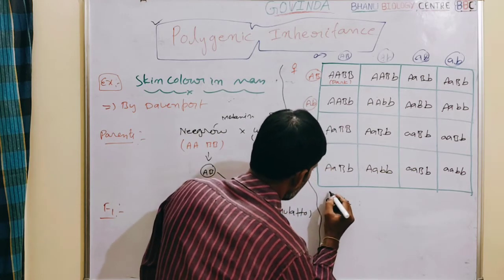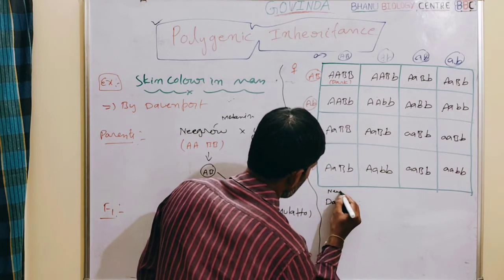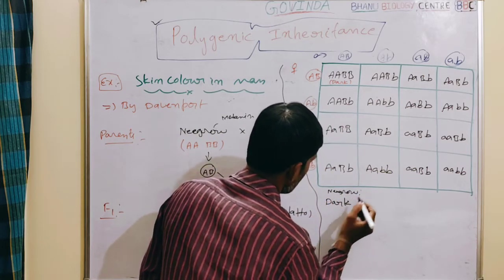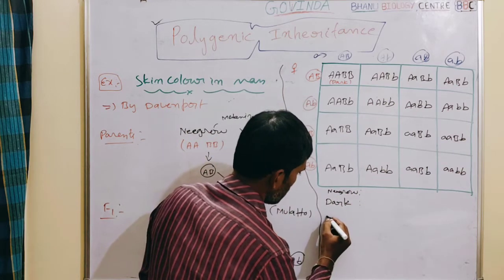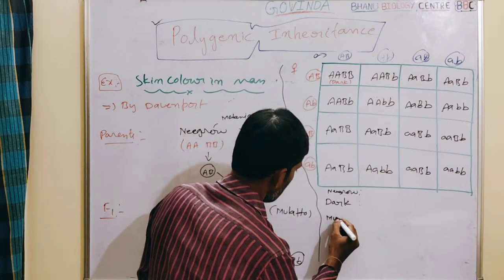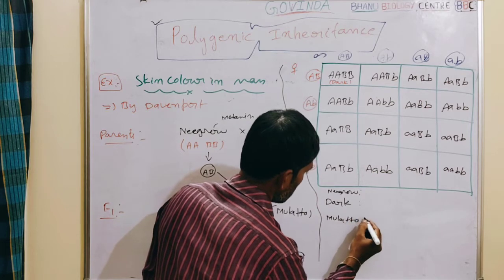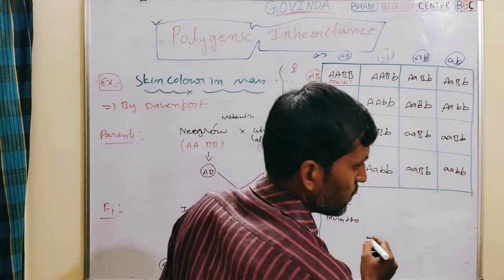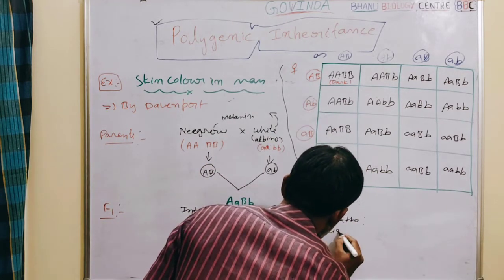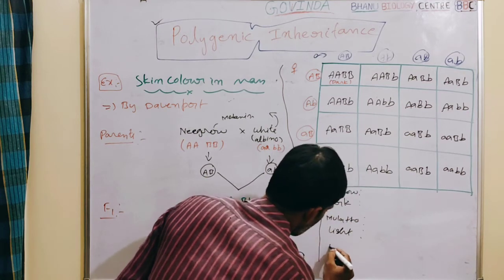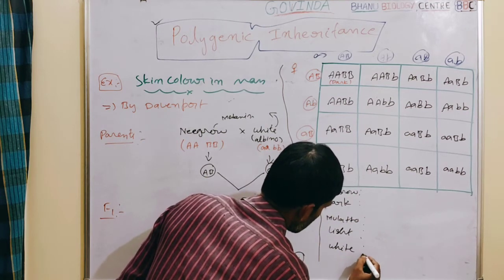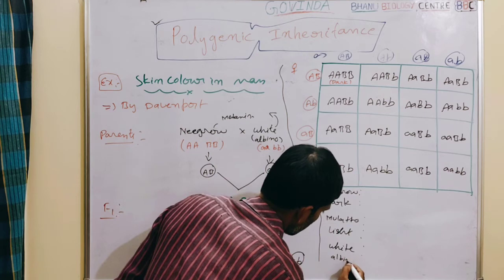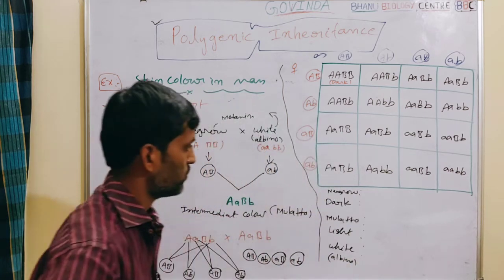Firstly write negro color. Second one dark. The middle one is mulatto. Next another one is light. The last one is white, that is albino.